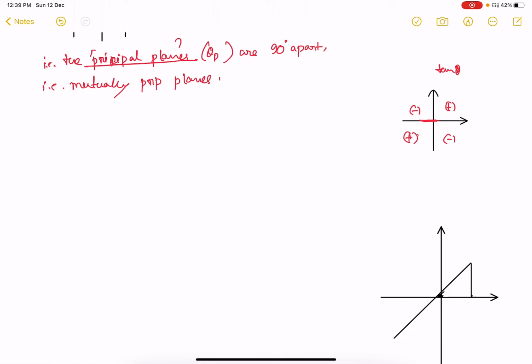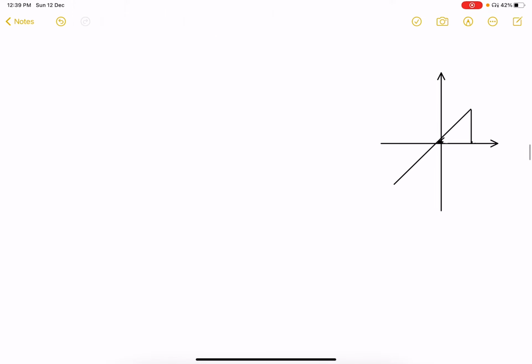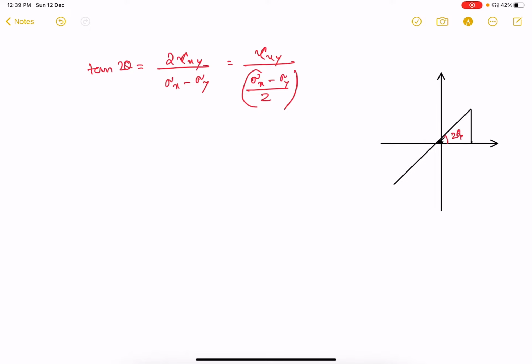Now you can see tan 2θp is equal to 2 tau xy divided by (sigma x minus sigma y), where the side is (sigma x minus sigma y) divided by 2. So the radius, or hypotenuse, should be the square root of this square plus tau xy square.